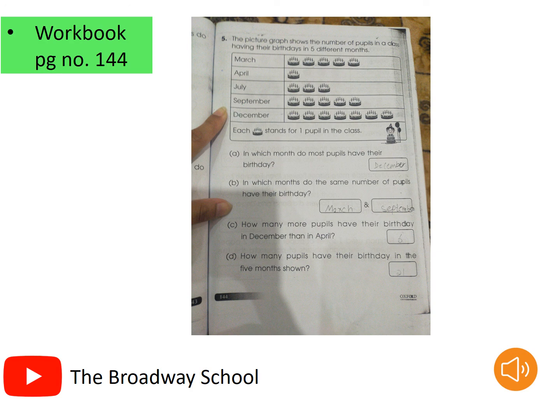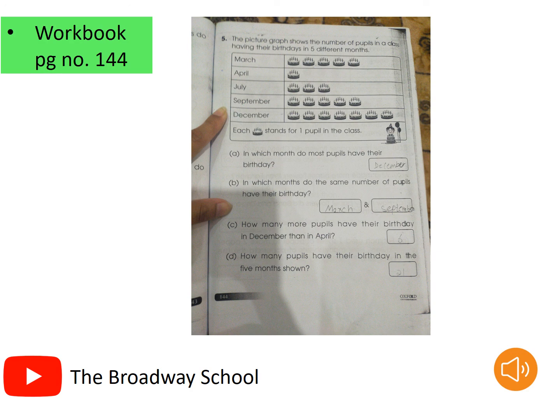Part C, how many more pupils have their birthday in December than April? So you need to count how many cakes are in December. In December we have 7 cakes. Then in April we have 1. So 6, you need to write 6 because 6 people have their birthday in December more than in April.